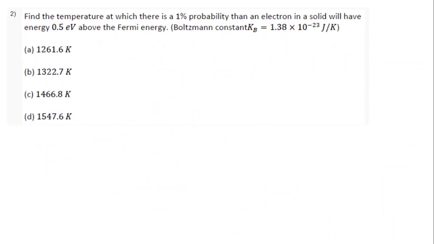Okay, next question. Find the temperature at which there is a 1% probability that an electron in a solid will have energy 0.5 electron volt above the Fermi energy.